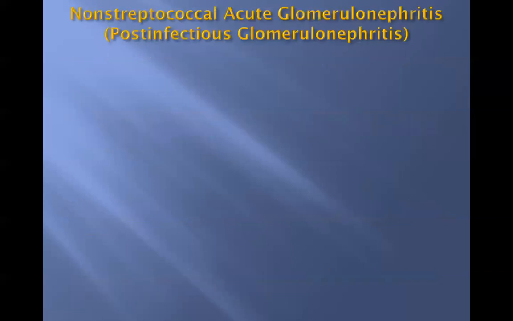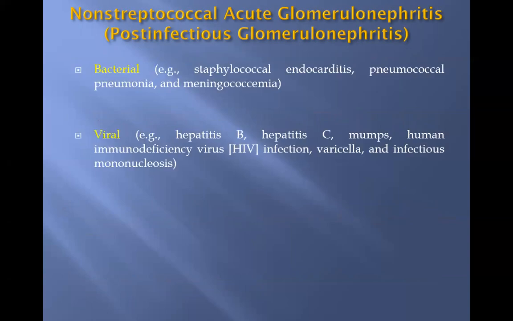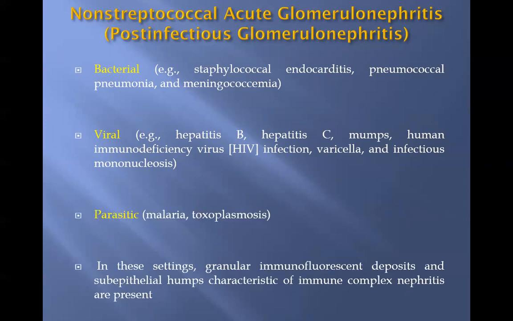Now, as I said, there are other organisms which can cause the same entity. Bacteria like Staphylococcus endocarditis, pneumococcal pneumonia, or meningococcemia; viral like hepatitis B, C, mumps, human immunodeficiency virus HIV, varicella infection or infectious mononucleosis; parasites like malaria and toxoplasmosis.